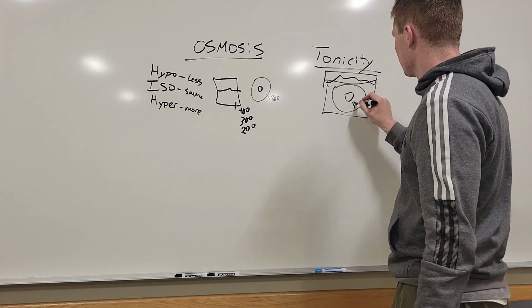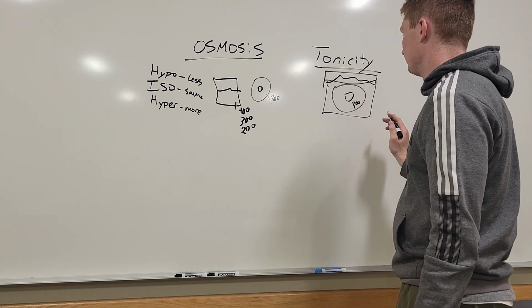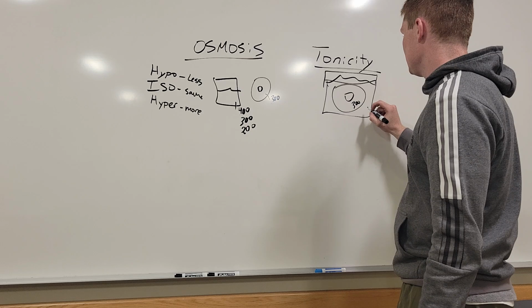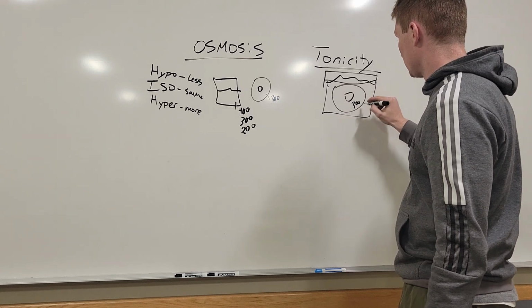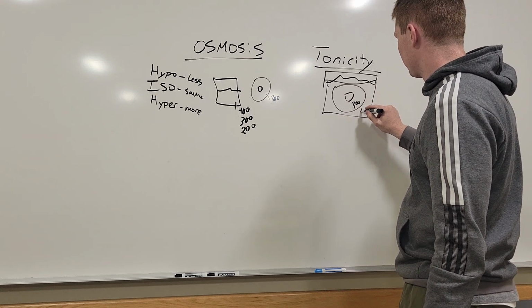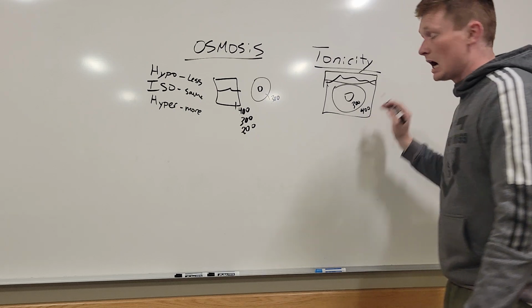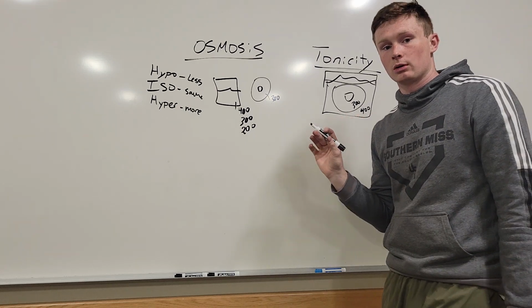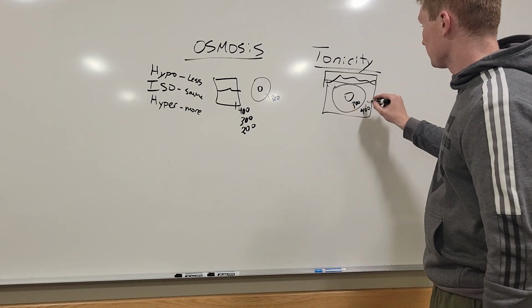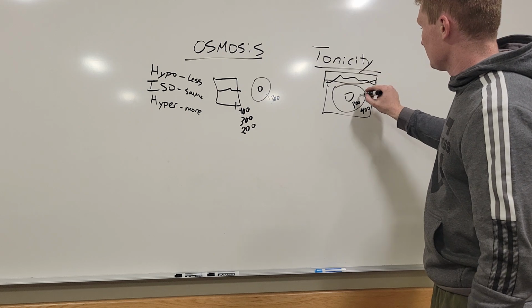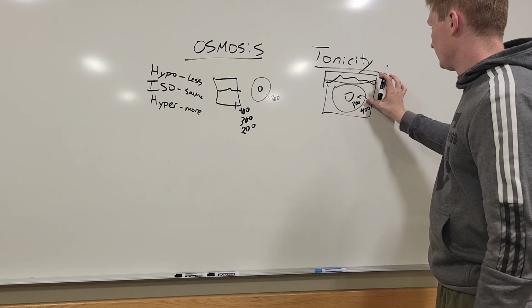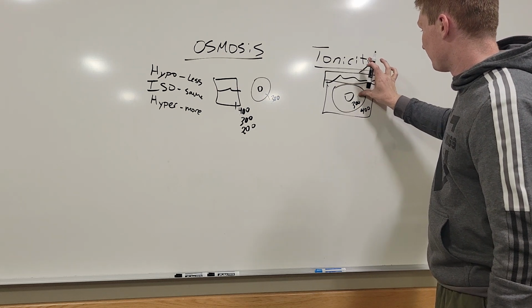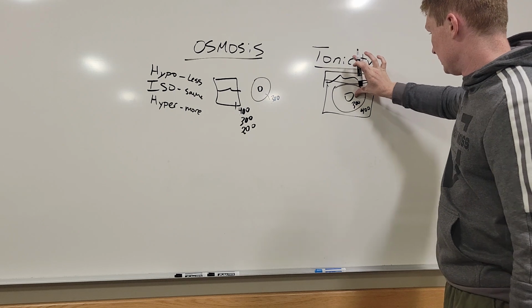Say this is 300. Say this solution is going to be 400, and it's not permeable. Permeable is super important with this, because if it's permeable, it's going to even out, right? It's going to go into this cell. So that affects things, right?